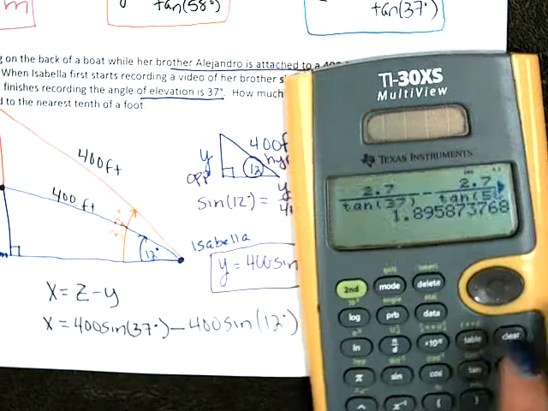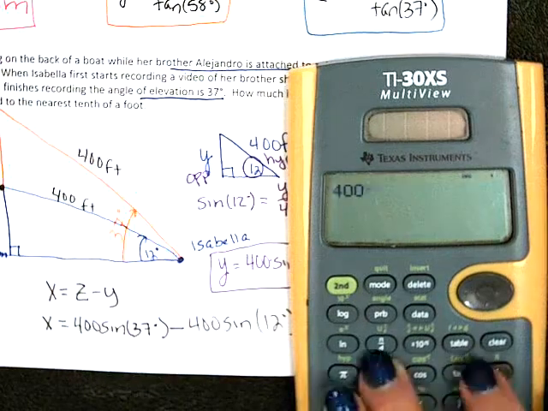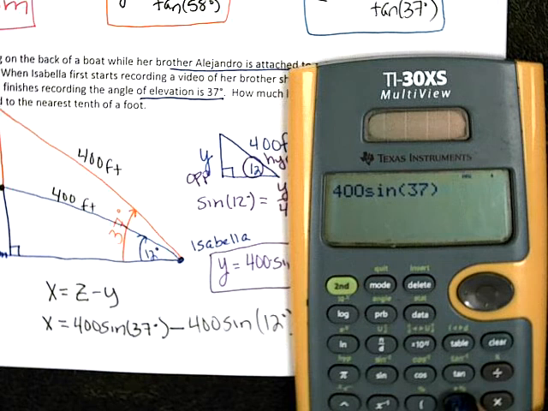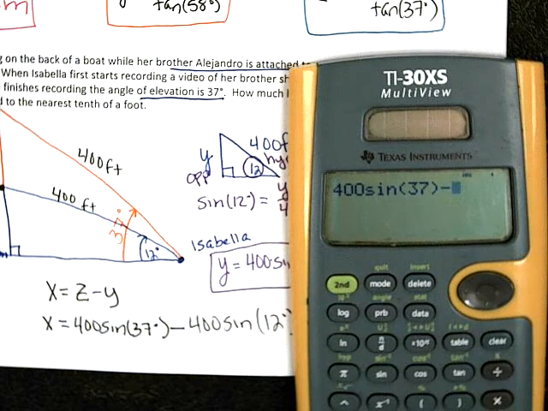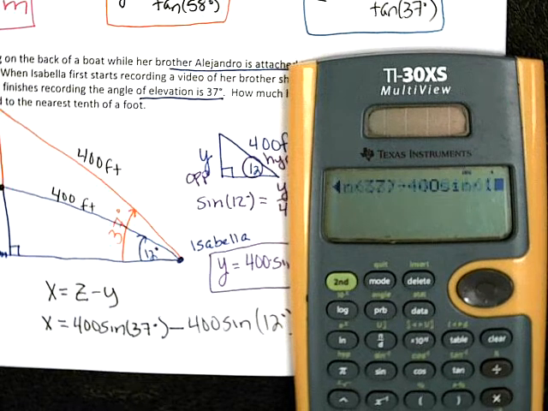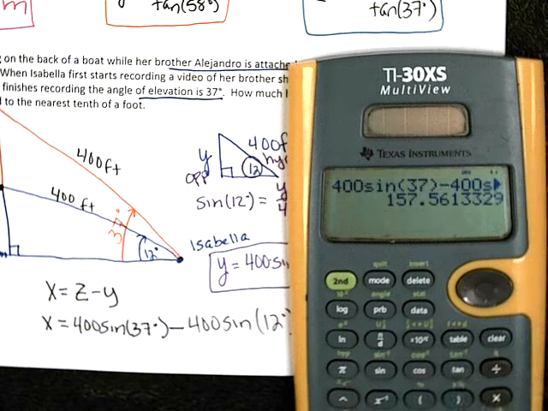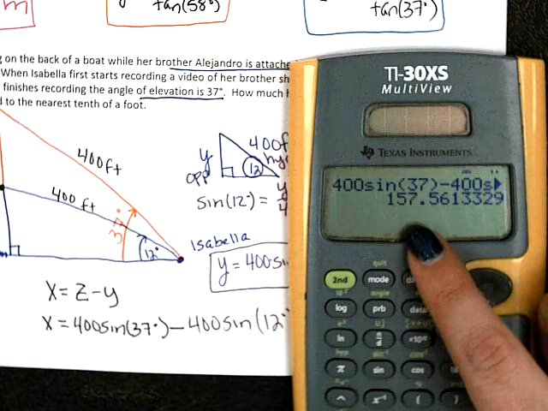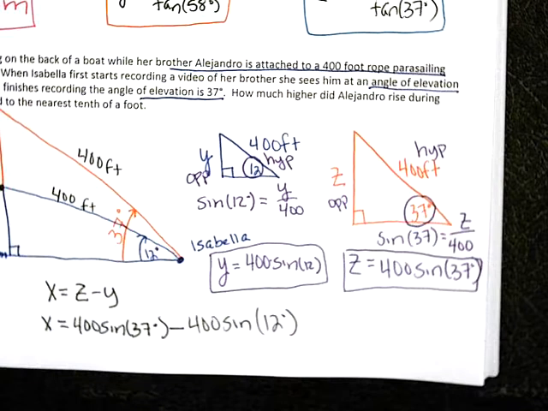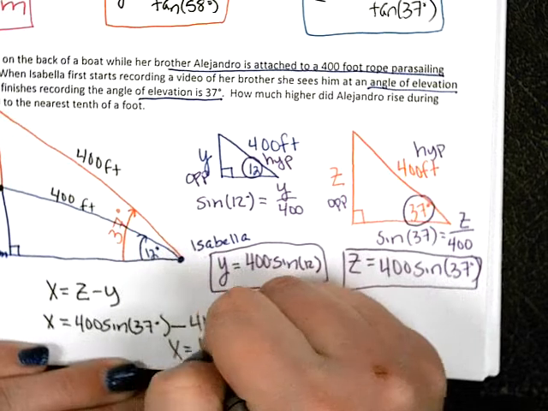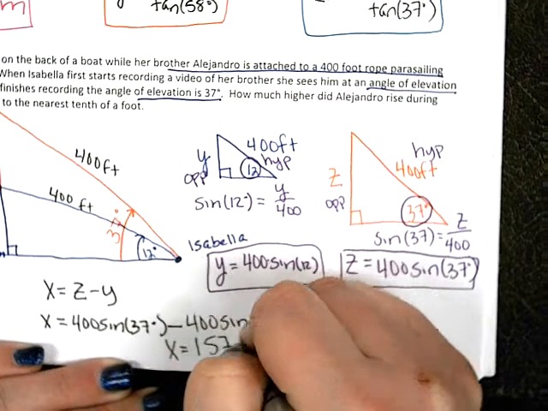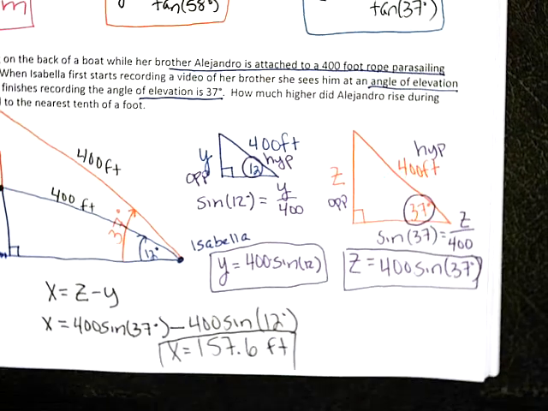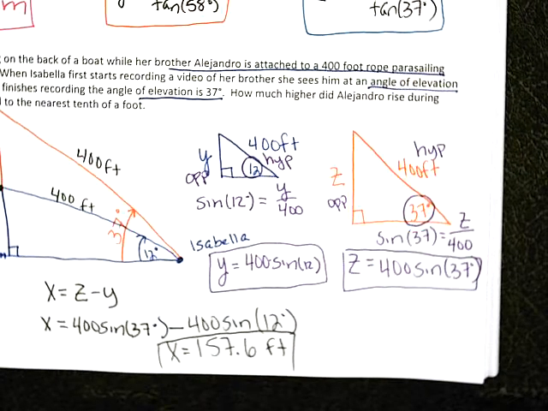So 400 sine of 37. Make sure you end the parentheses there. And then subtract 400 sine of 12. And we're rounding to the nearest tenth of a foot, so 157.6 feet. That's how high Alejandro rose from the time she started filming until the time she stopped filming.